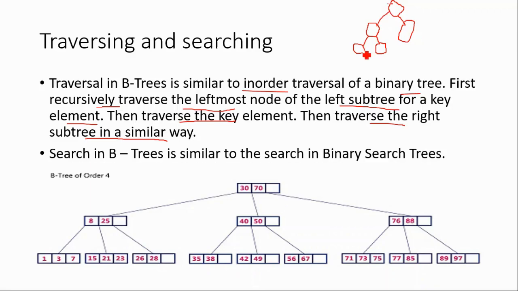Then we traverse the root node for that particular subtree. Then we traverse the right. Then we come to the root while doing so, and then we traverse the right path.